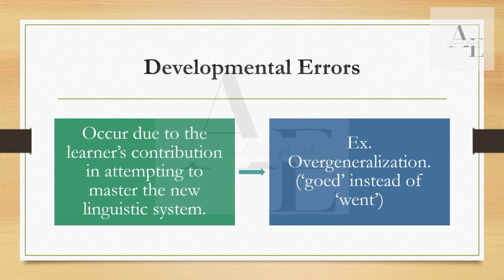This structure is not in our L1 in the case of Arabic, but still these types of errors are likely to happen, even if it's not in our L1. So it's not due to transfer or interference. It's from something else. Like we said, it's developmental errors. It's from our contribution to master the new linguistic system.